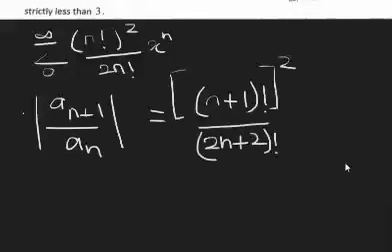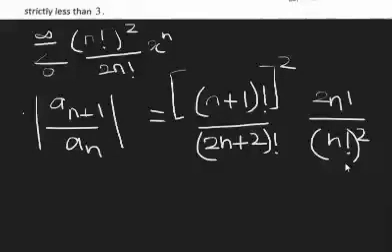and the other term is a_n, which is (n factorial) squared over (2n) factorial. When you simplify this, you get mod of x.